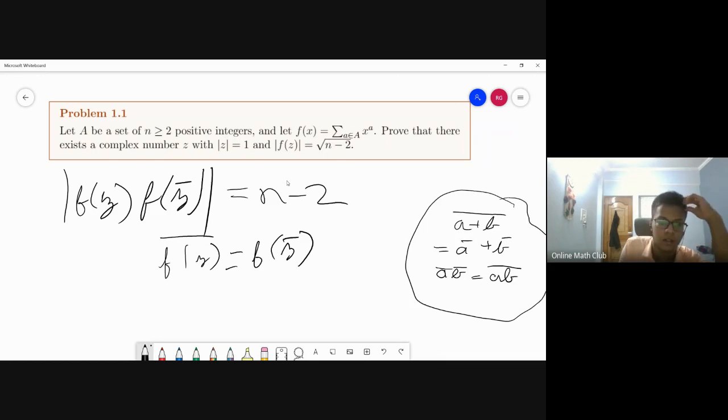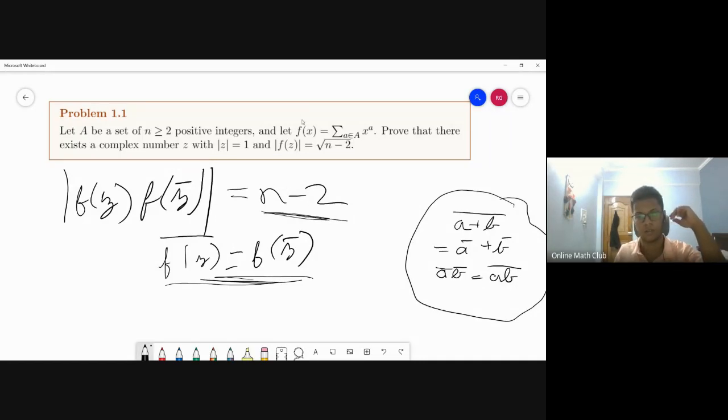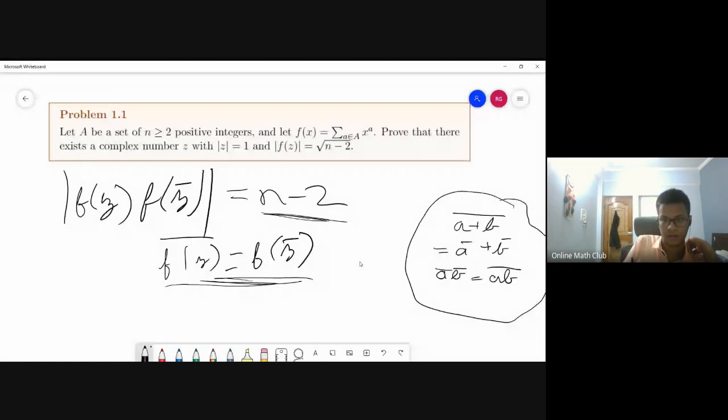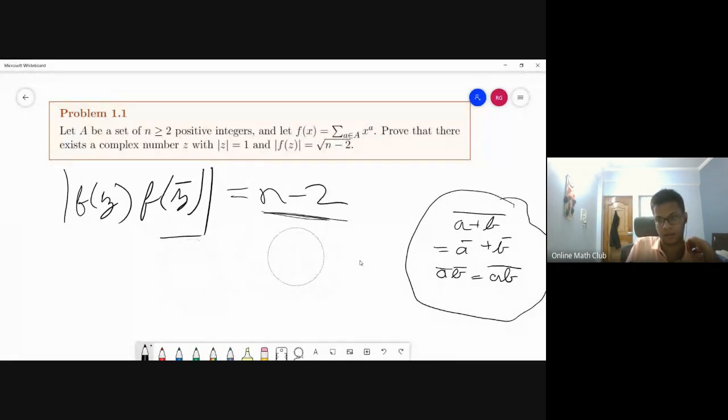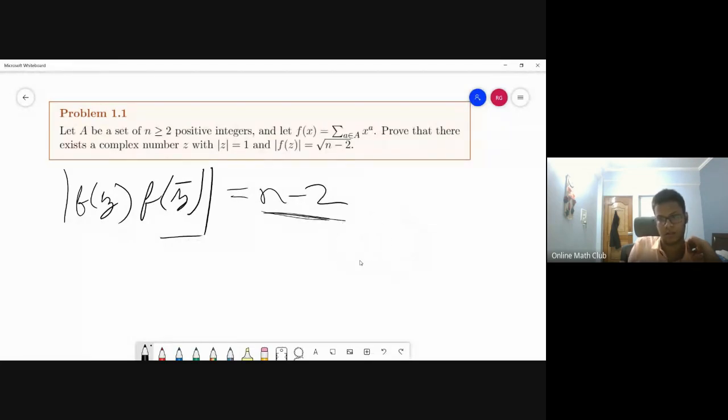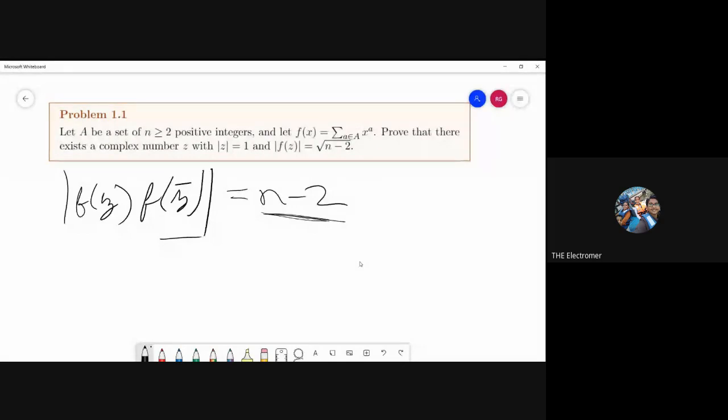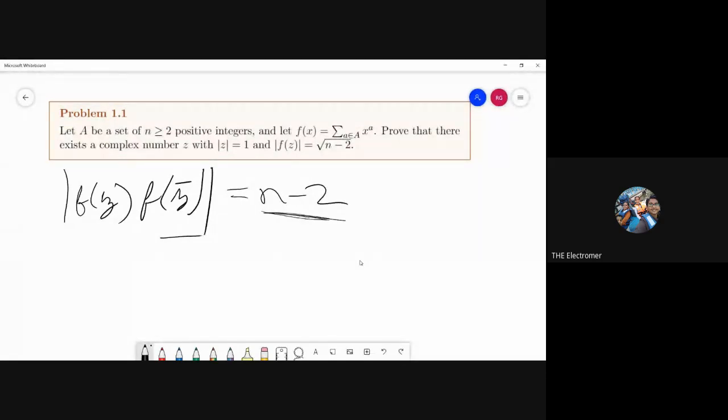Okay, so we are looking at this case. I think this is a better case to just look at in general. Let me erase this stuff now. This is not relevant to us. Okay, so I was thinking in a different way. If you put z equal to 1, obviously we get n.